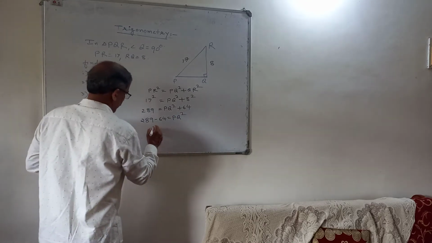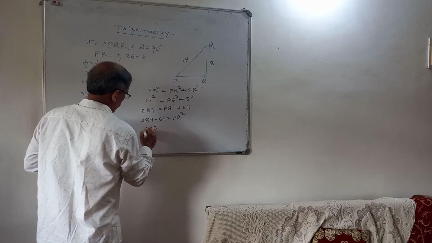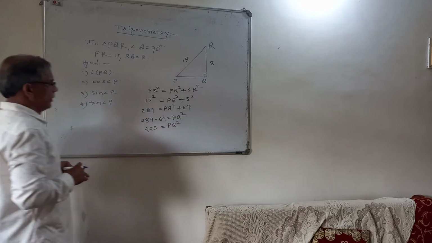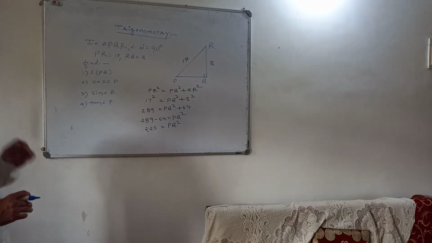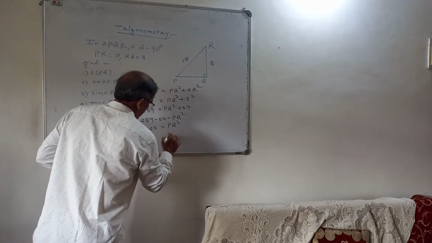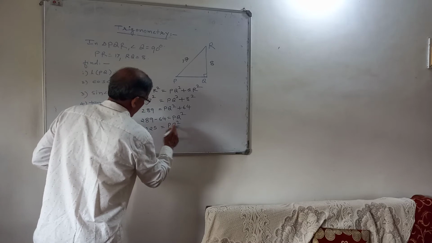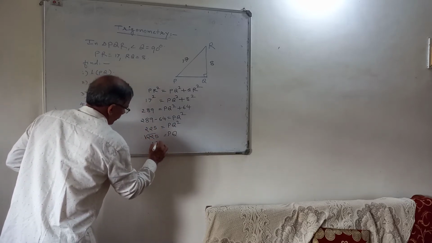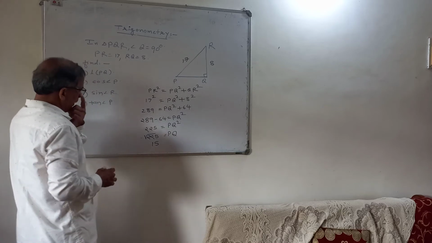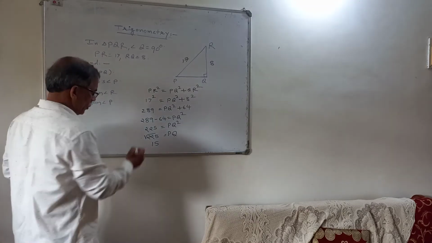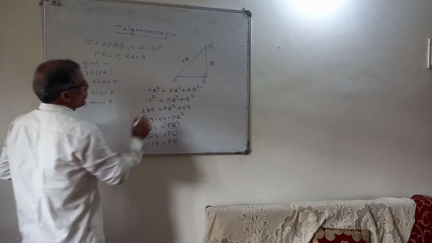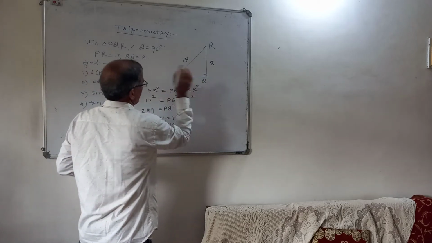So here it is 225, PQ square. Now we are finding PQ, isn't it? So PQ is equal to, remove square, apply square root here, 225. And what is square root of 225? 225 is square of 15. So 15 is equal to PQ. So we have obtained PQ, write it here.